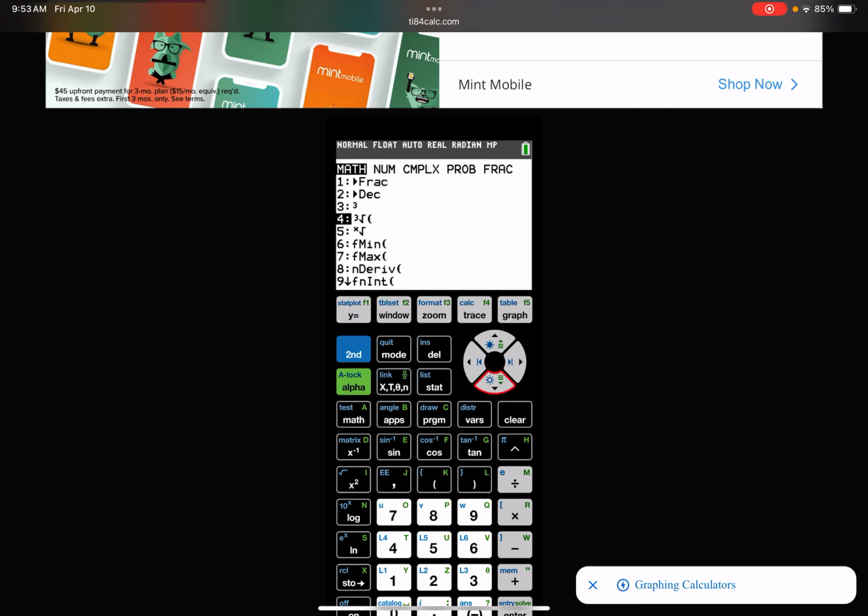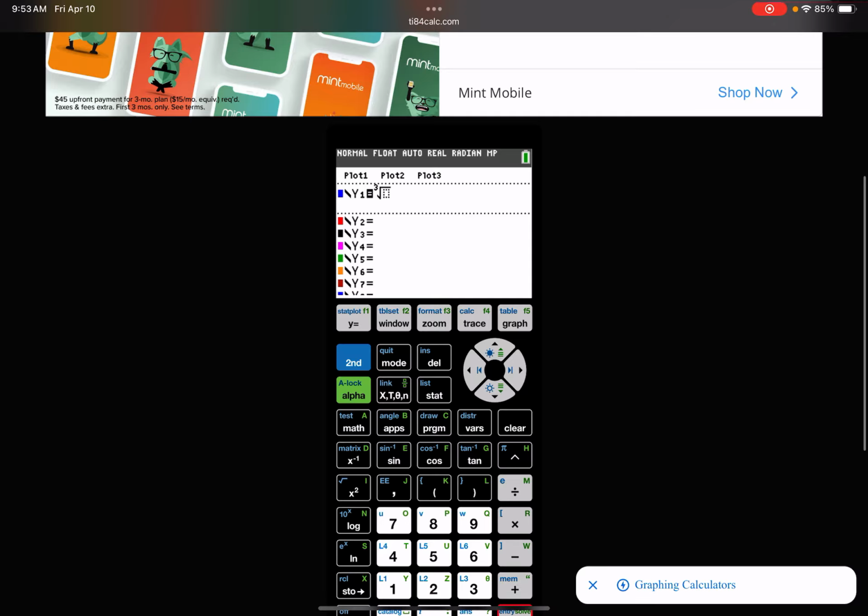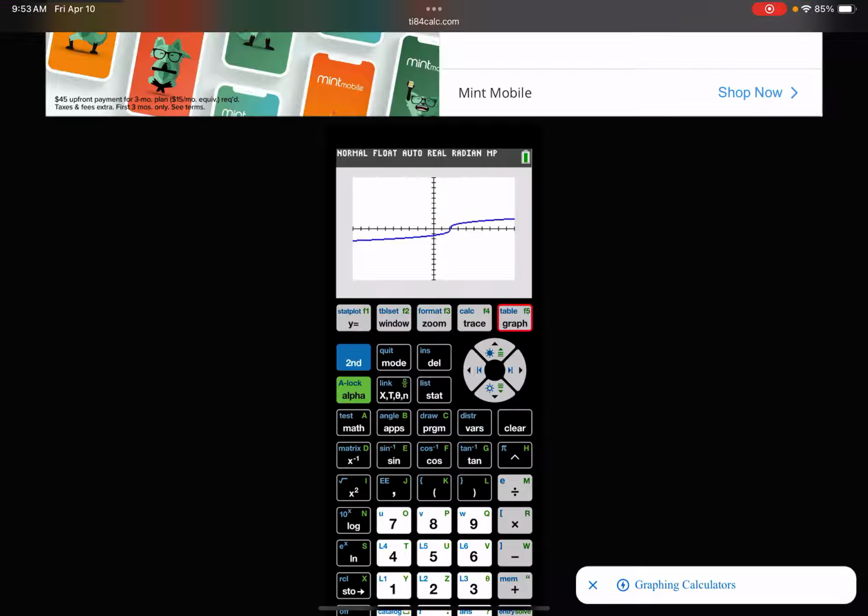And then we can hit enter. And it will give me that little cube root symbol. And then I'm going to type in x minus 2. And hit graph. And so this is what that function looks like.